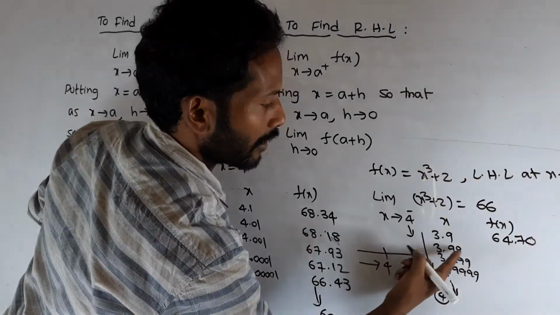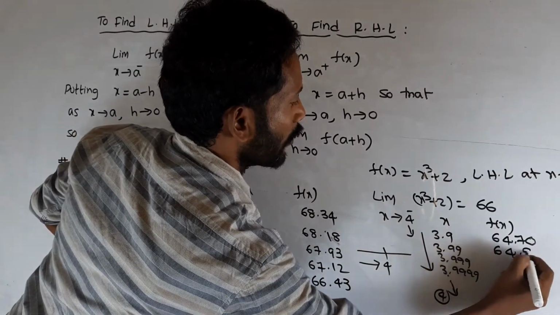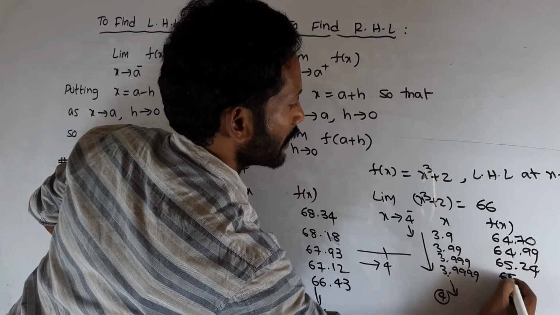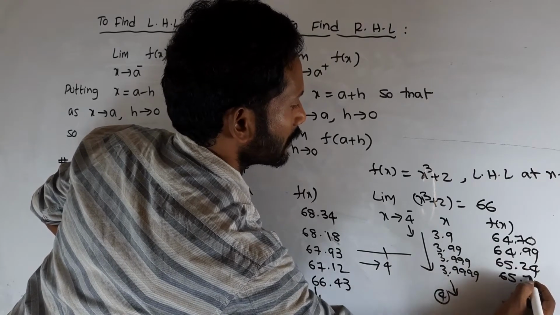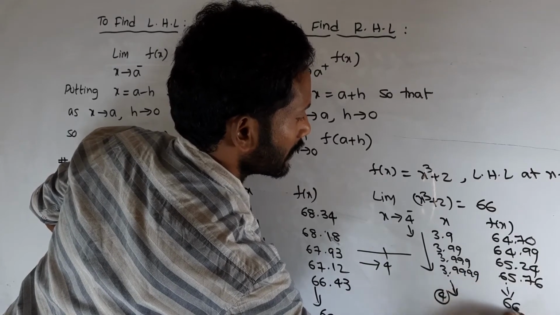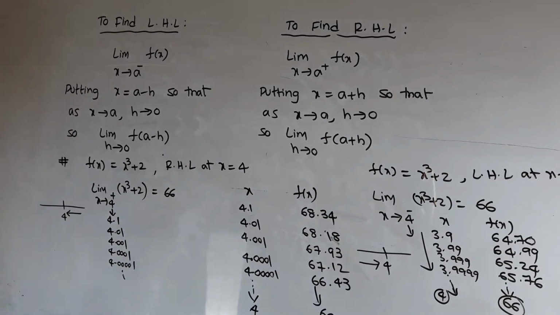Next 3.99 whole cube plus 2 is 64.99 and so on. This one approaches 66. So this one is closer to 66.